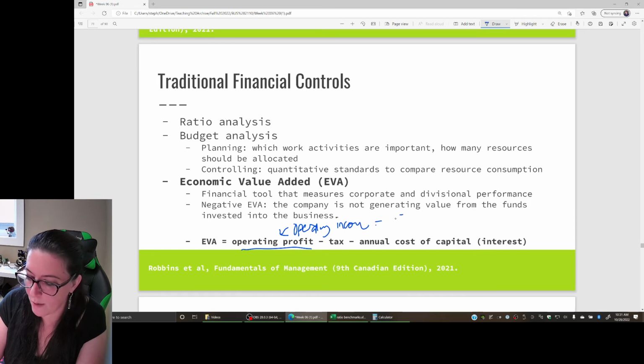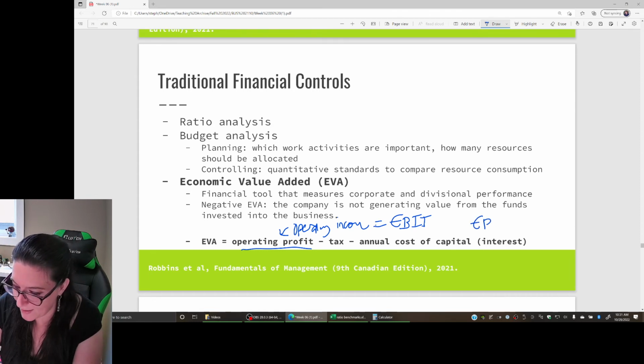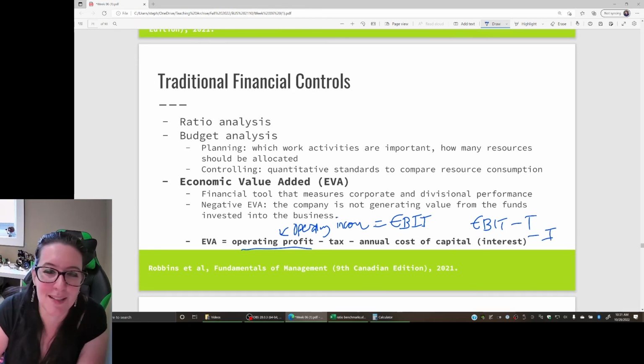We also have earnings before interest and taxes. So economic value added takes the earnings before interest and taxes, or EBIT, and subtracts the taxes from it and subtracts the interest from it. And what is left is the economic value added.